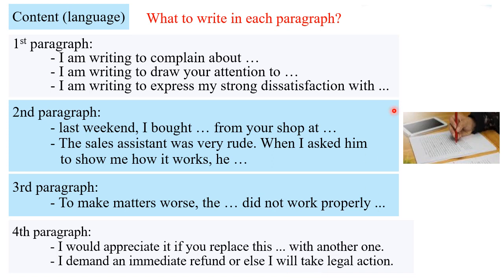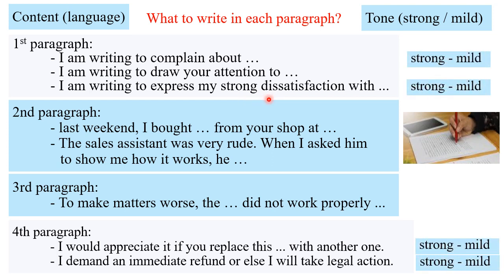But then how about the tone of your writing? Is it strong or mild tone? What do you think of the first and the second one? And how are they different from the third one with strong dissatisfaction? Please read them carefully and choose. You are right. The first two are having mild tone.